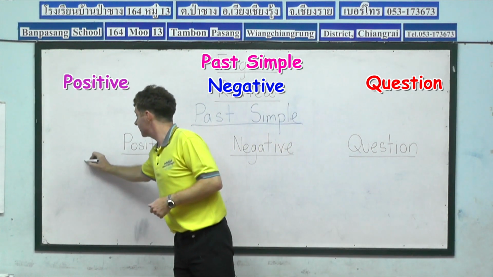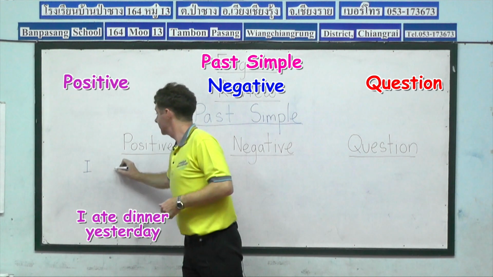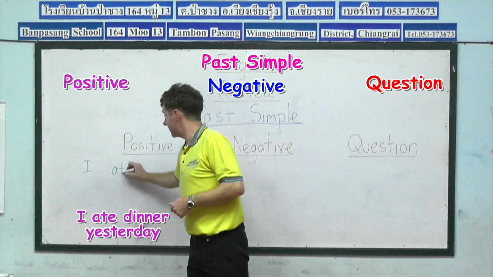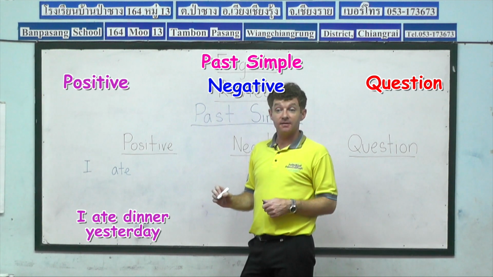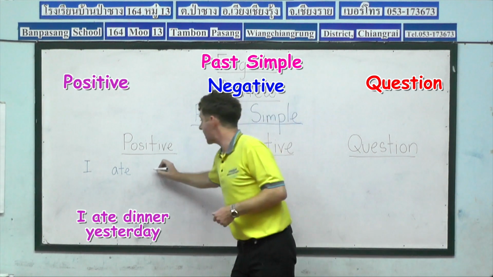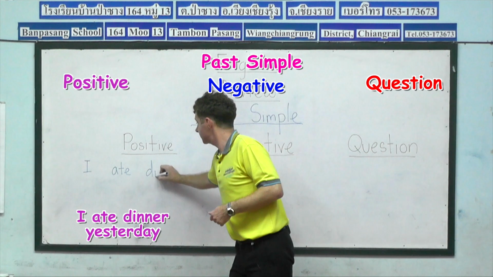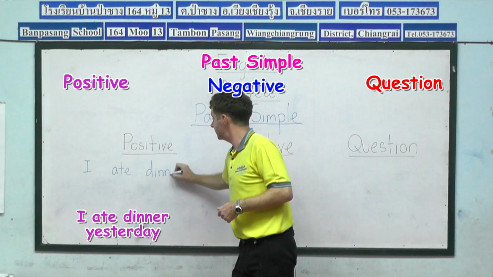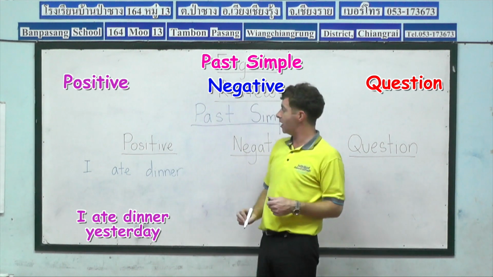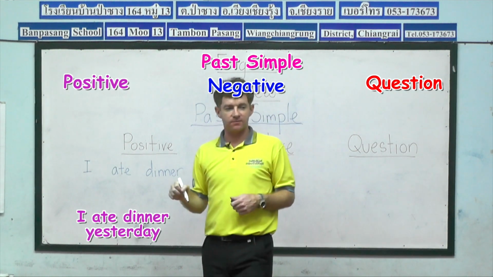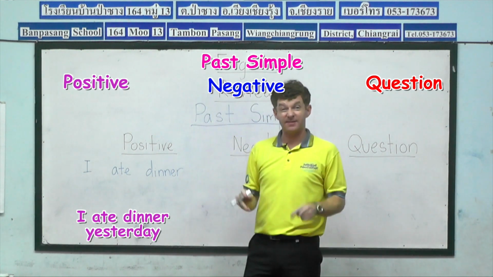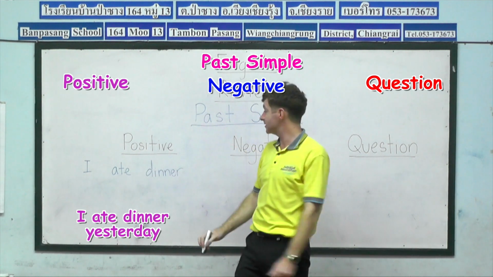Perfect. That's a hard one to start with, but we'll do it because irregular verbs are hard. So positive, I ate, I ate. What did we eat, guys? Dinner. Okay. I ate dinner. D-I-N-N-E-R. And now we need a past tense time period. Yesterday is perfect. Yesterday, always in the past.